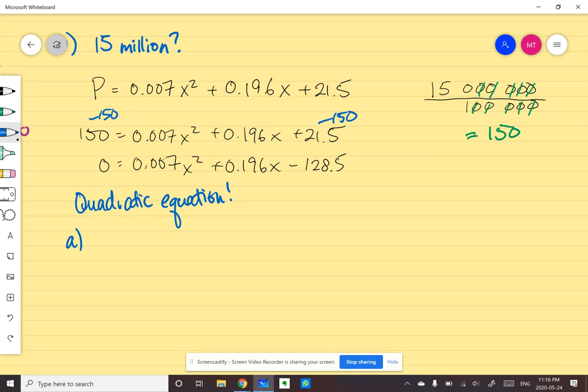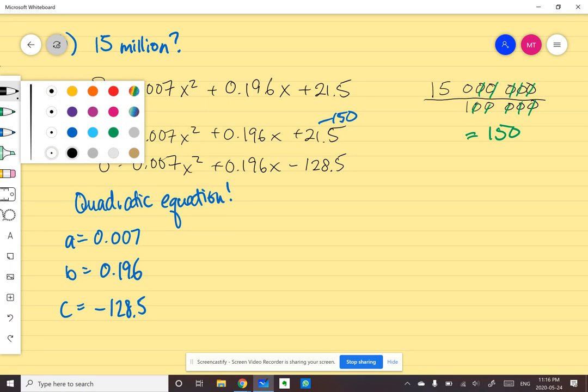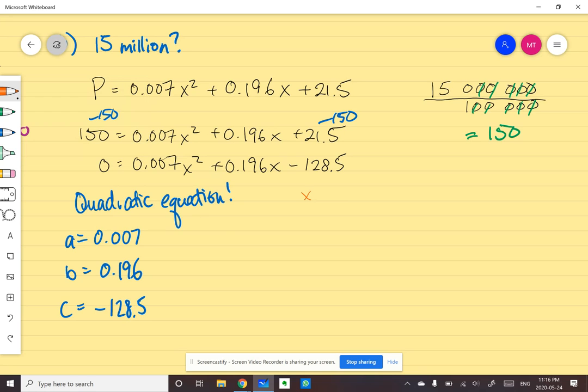I can see that the a value here is 0.007, the b value is 0.196, and the c value is negative 128.5.